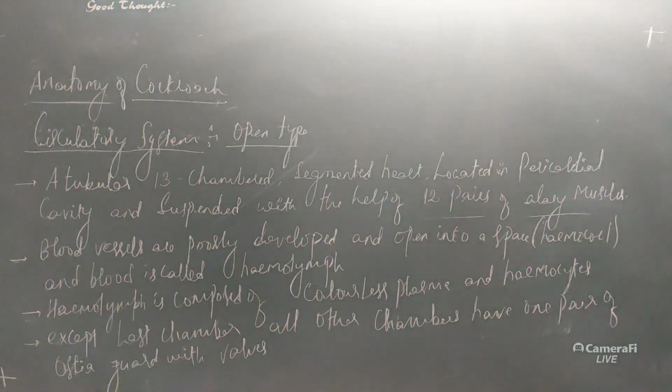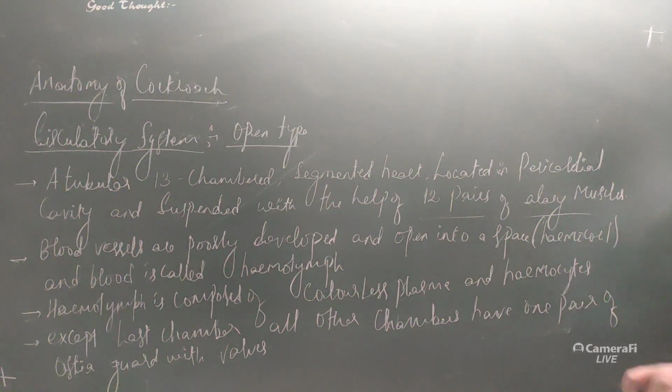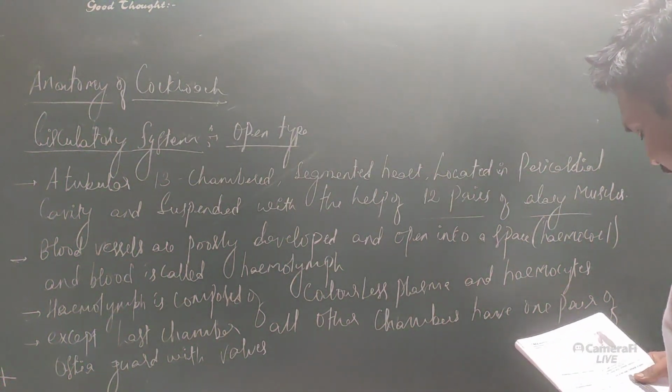Okay, so ostia in the sense that is a kind of opening which is guarded with the valve, that is the sphincter. Okay, that is the sphincter. So this is what the circulatory system is consisting of.